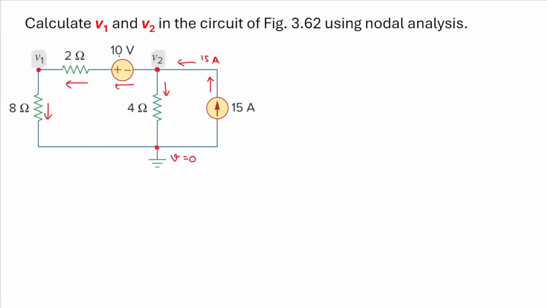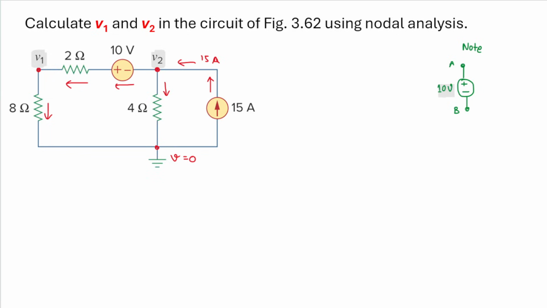But the problem here is that we have this voltage source, right? Let's remember the property of the voltage source. If we have this one here like this, and this one is 10 volt, the difference between this node and that node will be the magnitude of this voltage source.